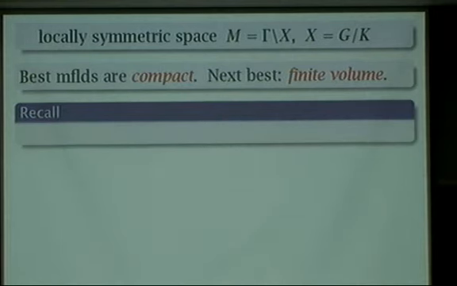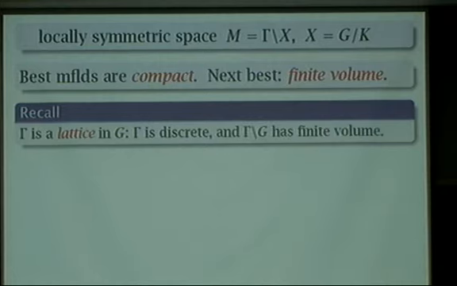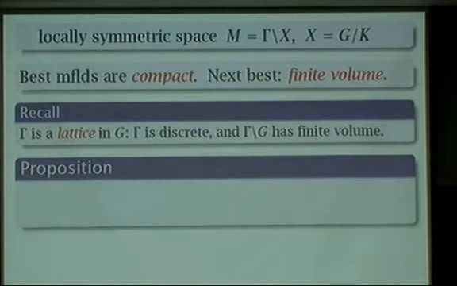And let me remind you, as I already said today, that to say that gamma is a lattice in G means that gamma is discrete and G mod gamma has finite volume. It's just an exercise, I guess I call it a proposition here, that if gamma is a lattice in G, and I want gamma to be deck transformations, so I'm going to assume also that there are no elements of finite order.